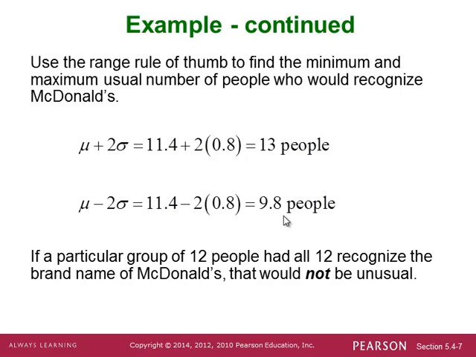And in this case, for this particular problem, we shouldn't expect any more than 12, because we had already said that we are only choosing 12 people for this. So we would probably trim this down to between 9.8 and 12. So it would be a real surprise if you told me that 13 people recognize McDonald's. But if you were to say that 9 people out of the 12 recognize McDonald's, that would be unusual and surprising as well. And any number below 9.8 would be unusual, because it's outside of that region, plus or minus 2 standard deviations of the mean.